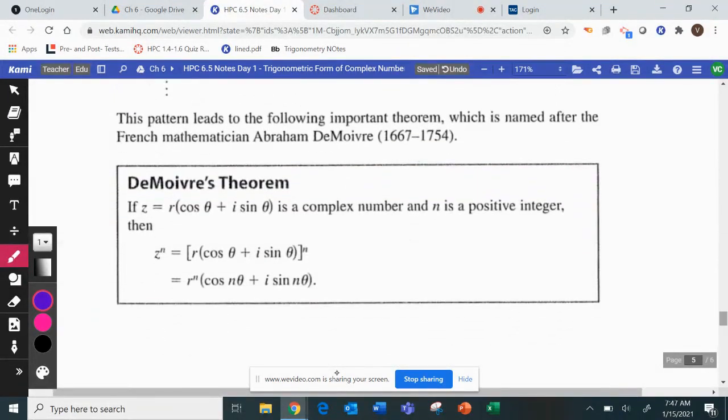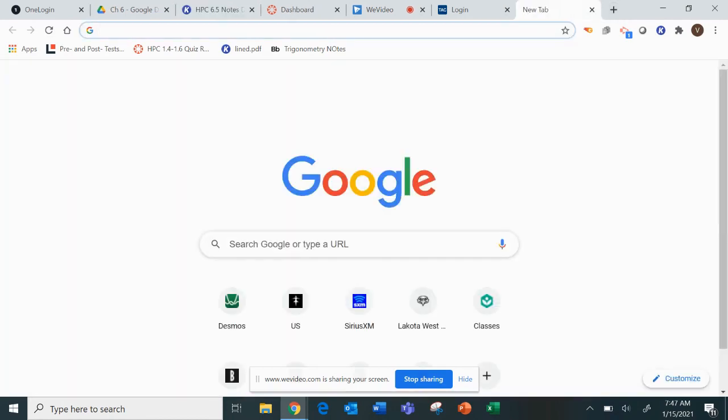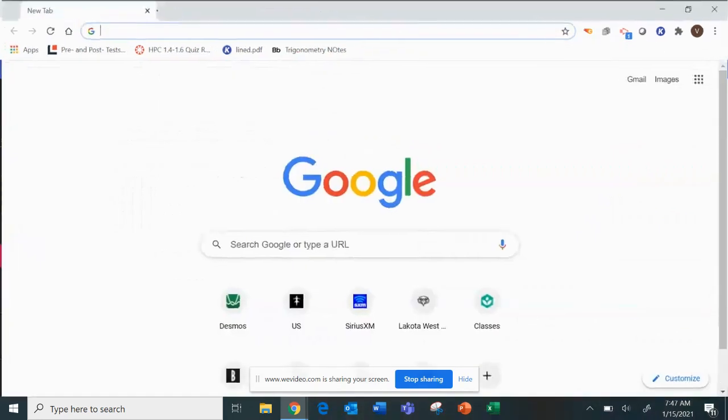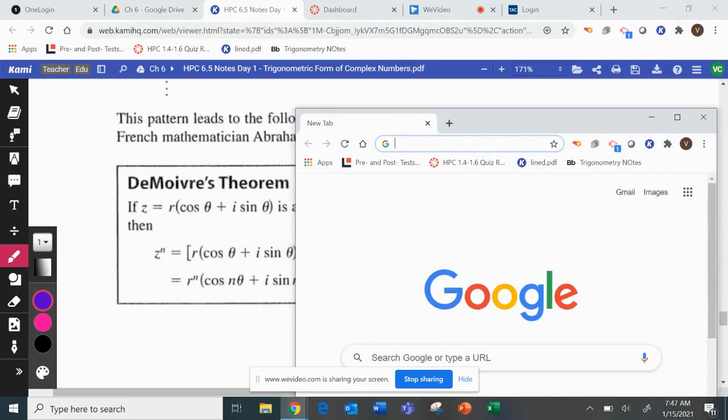So this was named for the French mathematician. And you know what? I should have looked up how to say the guy's name before I made a video. I don't speak French either, so I'm not going to be able to figure it out. Let's see.